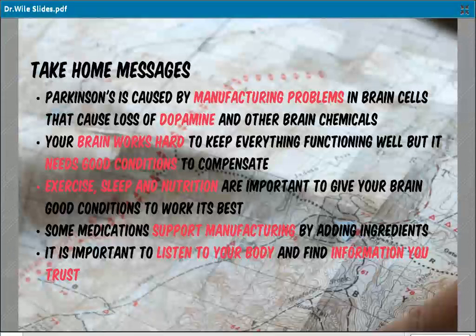There are some medications that can add ingredients to the manufacturing process. That's where we'll talk about different treatments for Parkinson's and what they might help support. But it's important to know that not everybody needs medication. We need to treat patients when they have disability, and our goal is to try and minimize that disability wherever possible.